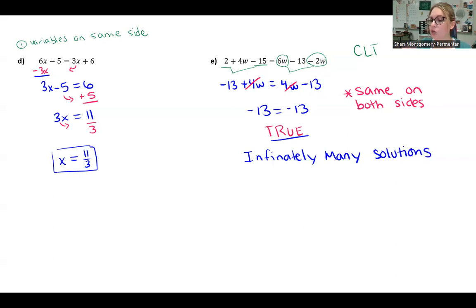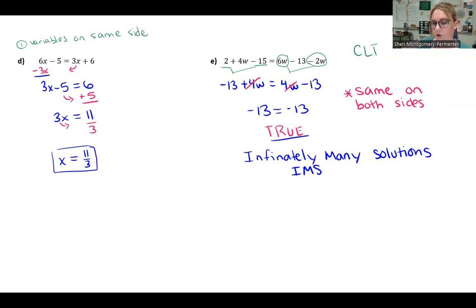So guess what? You don't have to write that word out, infinitely many solutions. I wanted to write it out so you knew what it stands for, but it stands for IMS. When you see IMS, that's what it means, infinitely many solutions. That means that you could go on and on forever. There's an infinite amount of solutions.